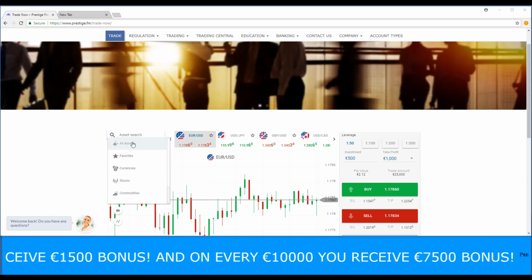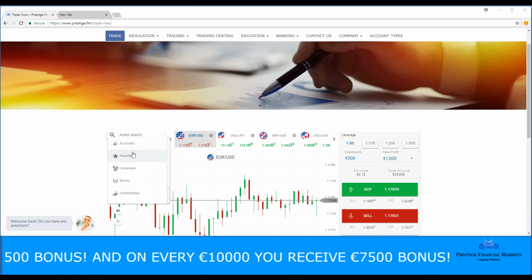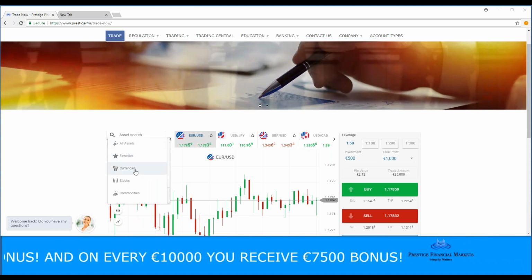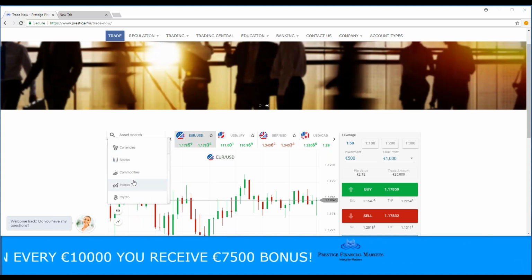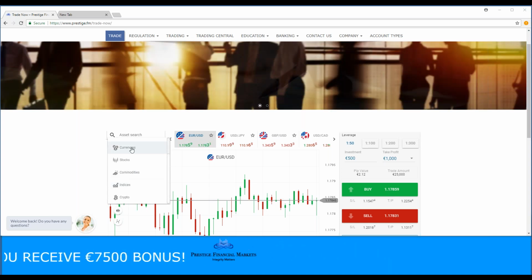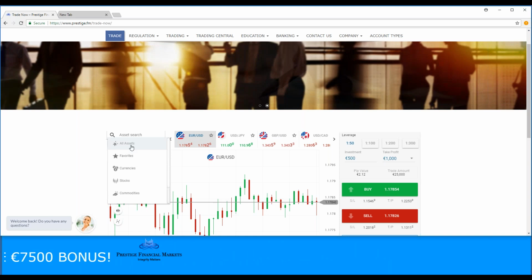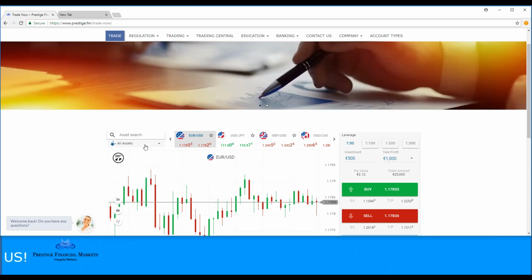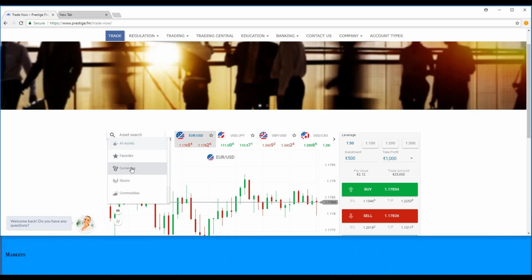So you have all assets, favorites, currencies, stocks, commodities, indices, cryptos. You can click on all assets, favorites, currencies.